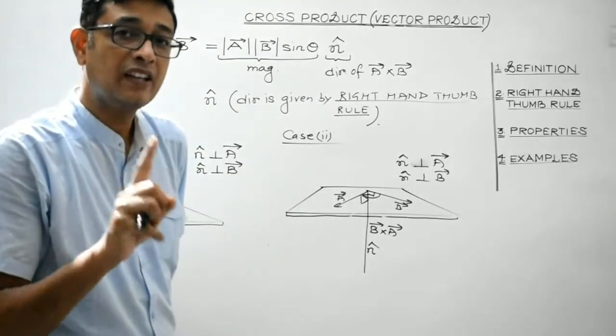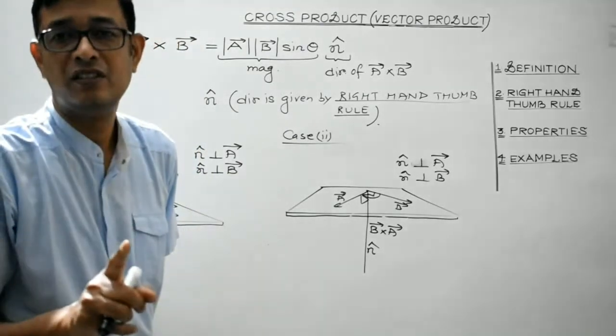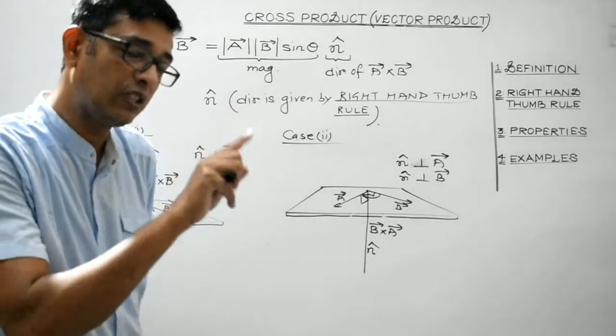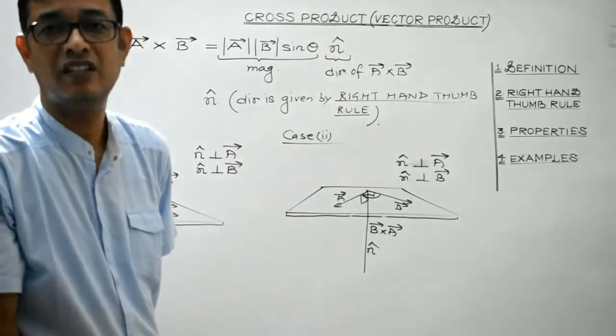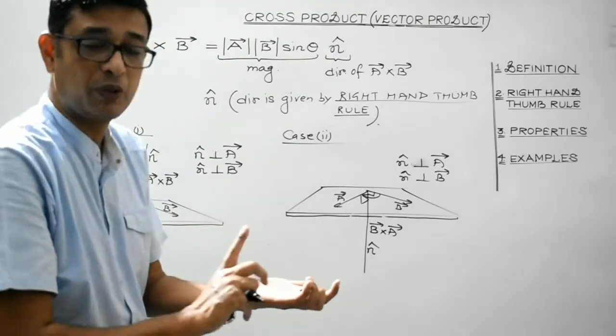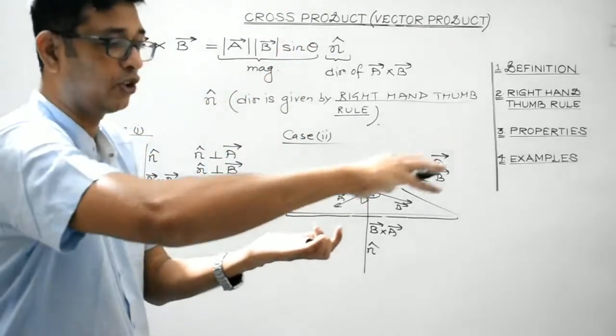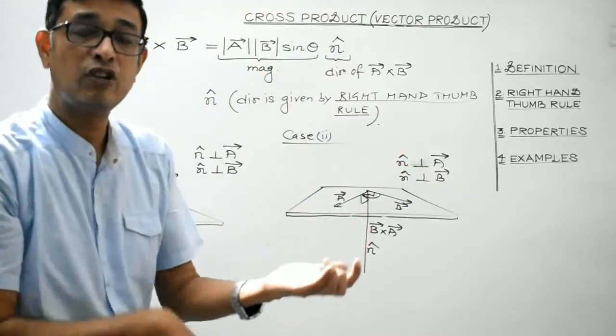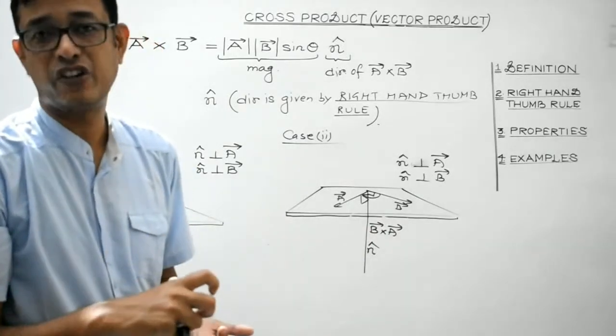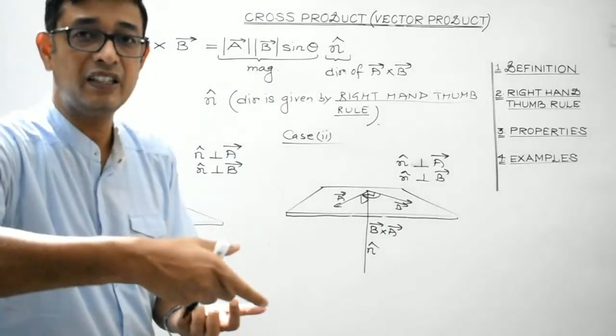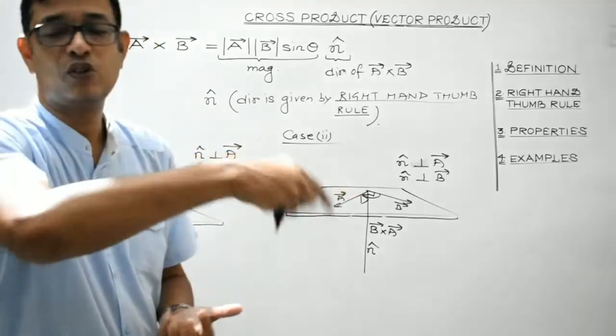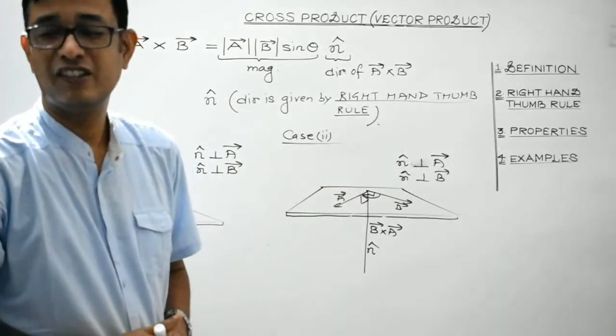The direction of n cap must be perpendicular to the plane containing both A vector as well as B vector. Whether it is perpendicular to the plane and in the upward direction or perpendicular to the plane and in the downward direction, it will depend upon the orientation, whether we are measuring the angle in the anti-clockwise direction or in the clockwise direction. Clear, students?